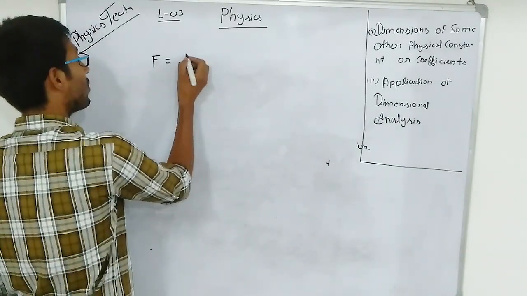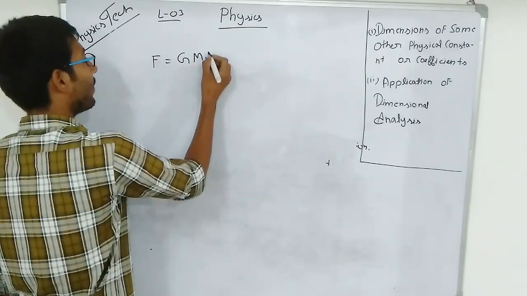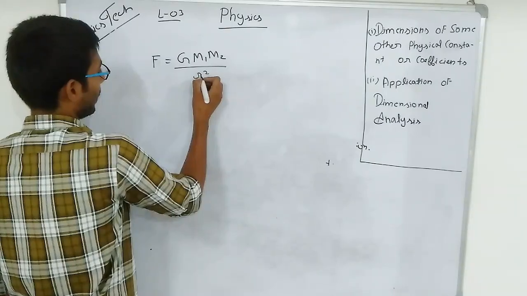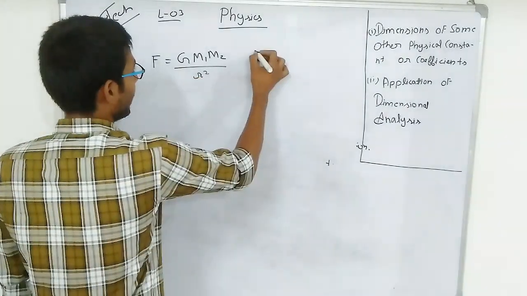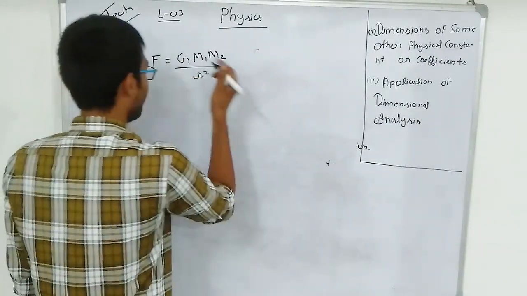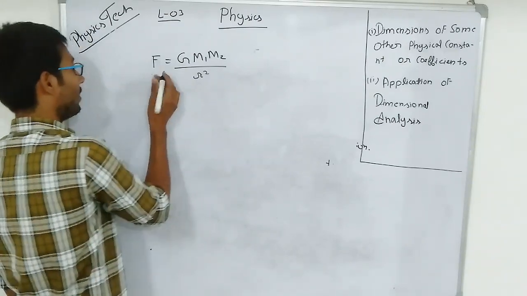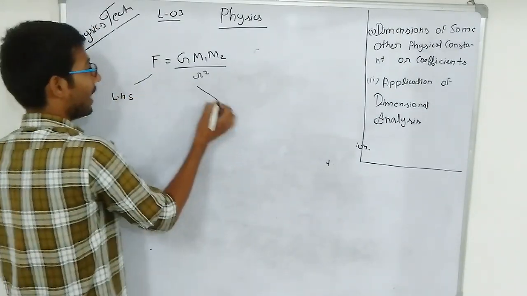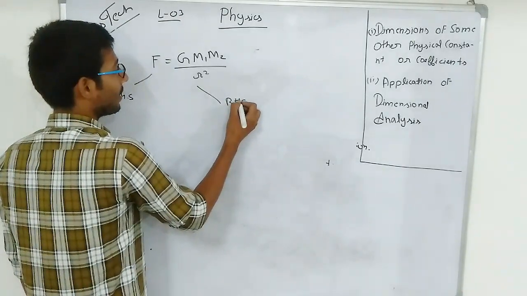We know that F is equal to G M1 M2 upon R square. This part is LHS, and this part is RHS.